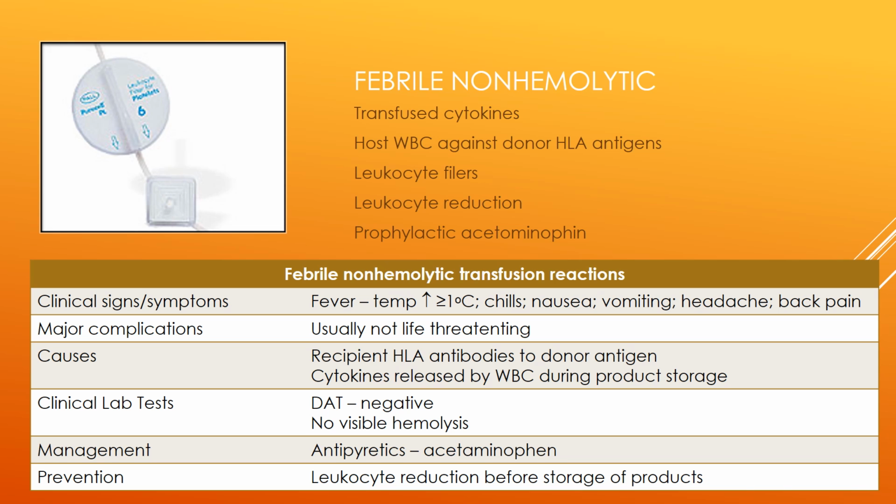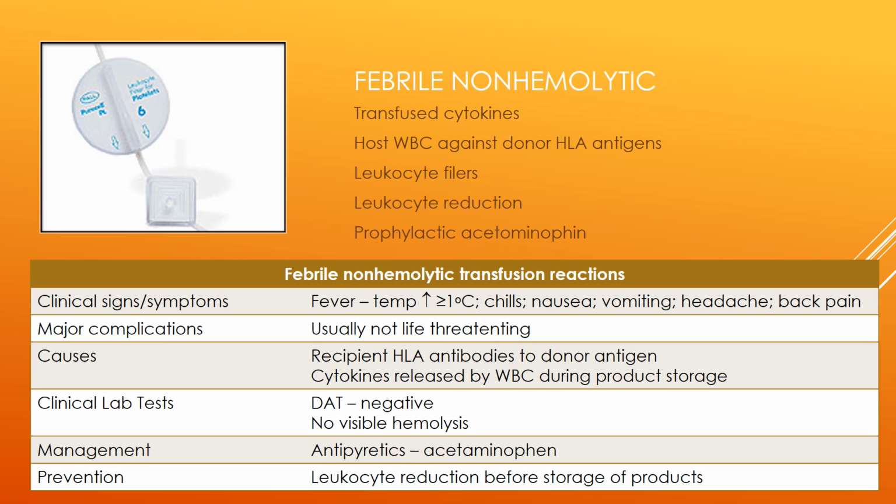Now, when we talk about the specific types of reactions, the first one we're going to talk about, and this is not in any particular order, is the febrile non-hemolytic reaction. The ones we were talking about with the intravascular, that's really the immediate hemolytic reaction.